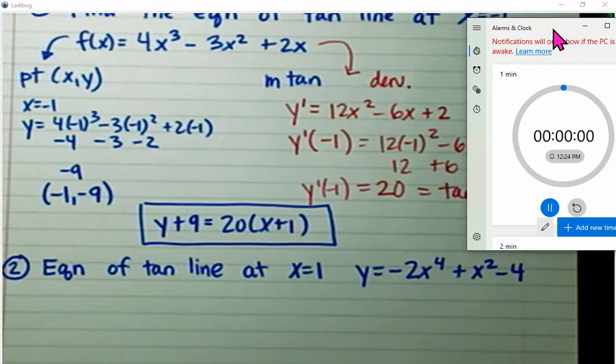Yes, yes. Yes, these are the right numbers. This should be this line.